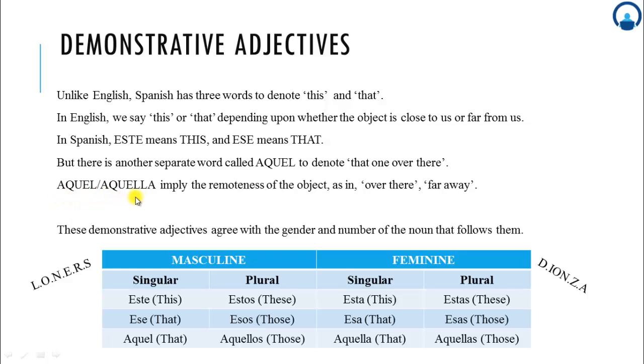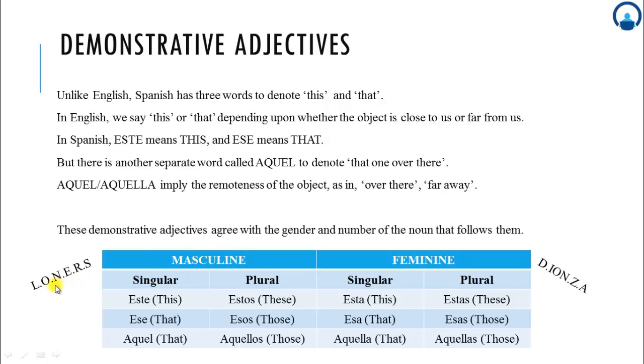Aquel and aquella imply the remoteness of the object, as in over there or far away from us. Again we have got the rules for gender and the number of the noun, that is singular or plural. So we'll learn that first for the masculine and then for the feminine.